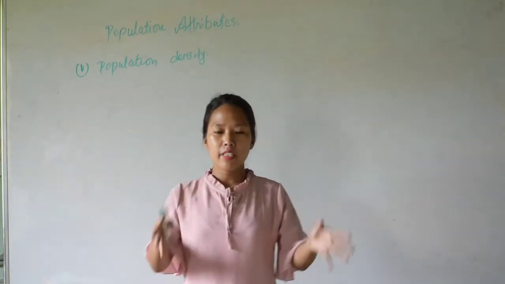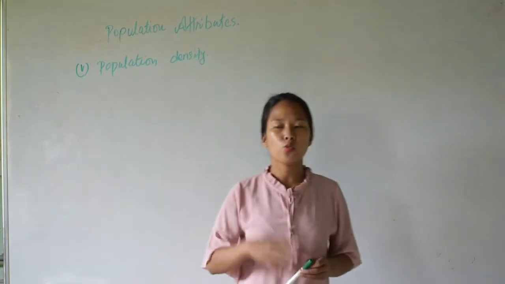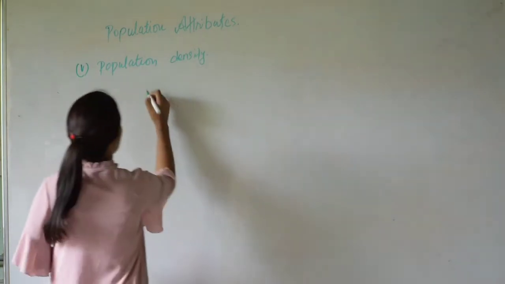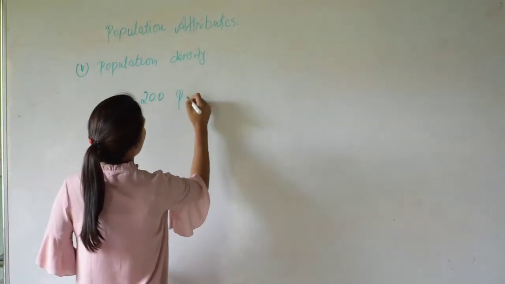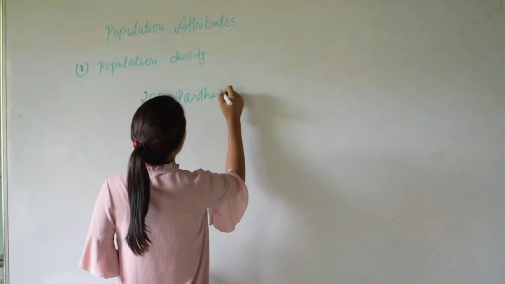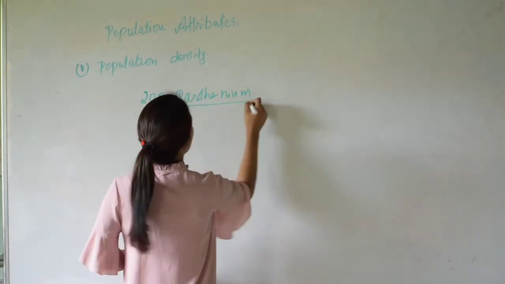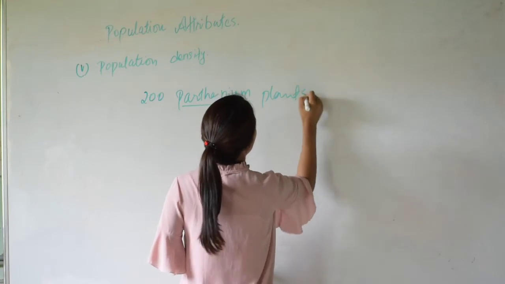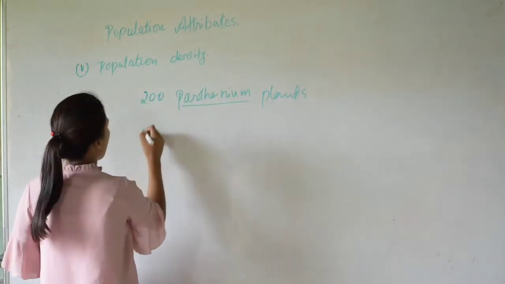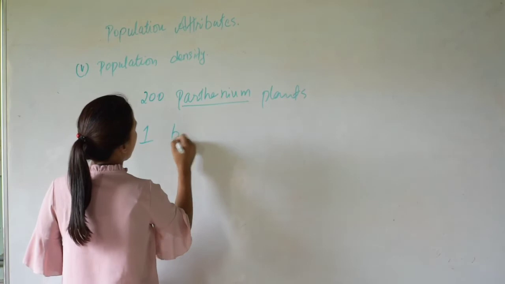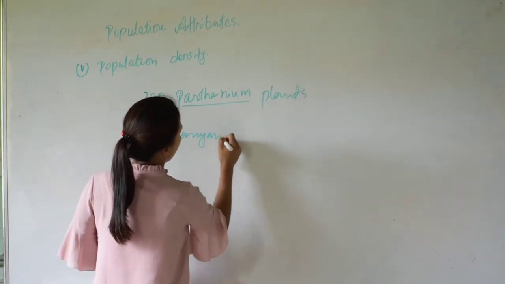Suppose in a particular area there are 200 Parthenium plants and 1 banyan tree.